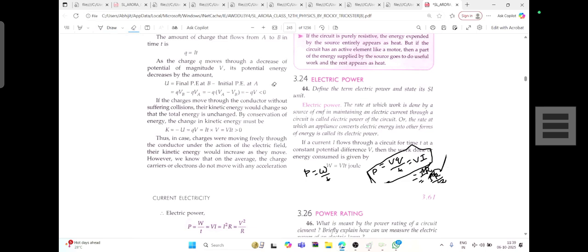Okay, these formulas are useful for your syllabus. It is most important. And the SI unit of power is watt.